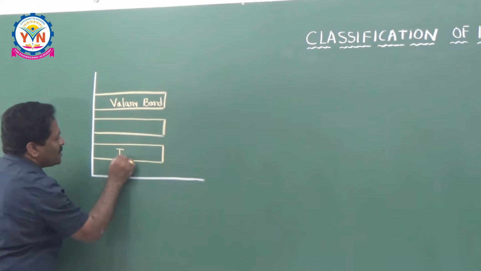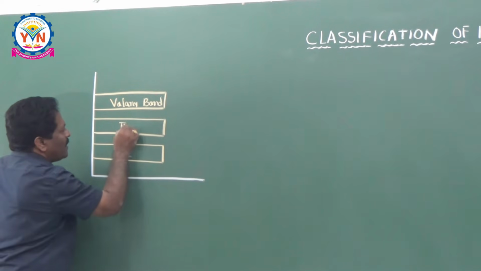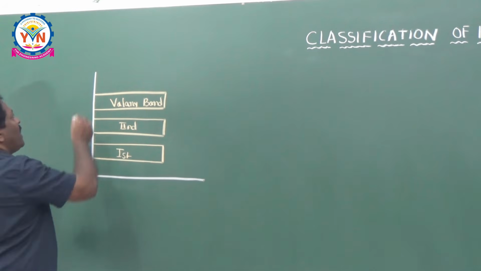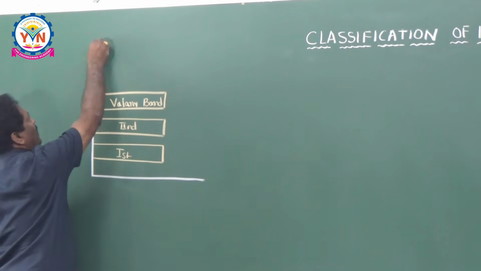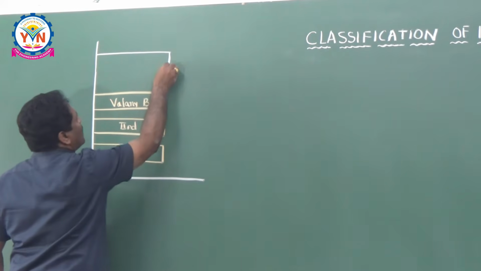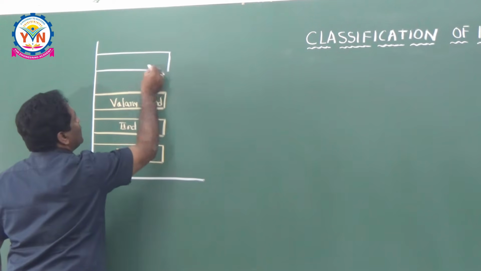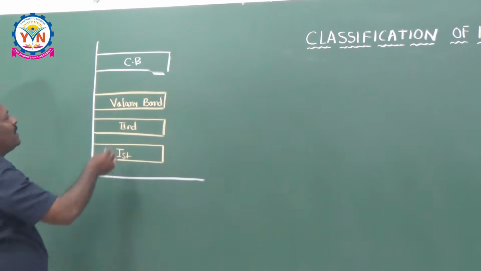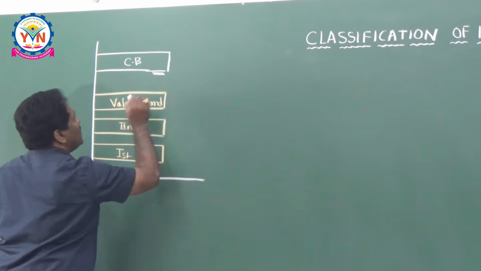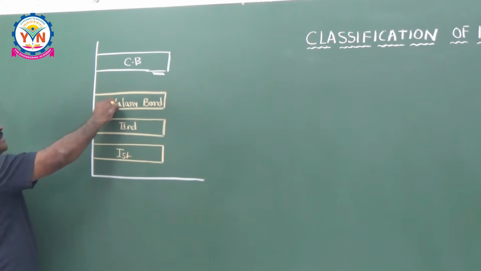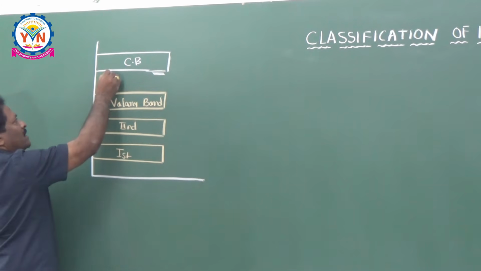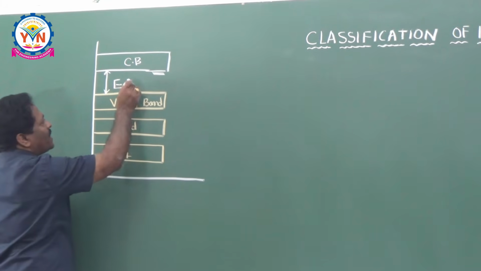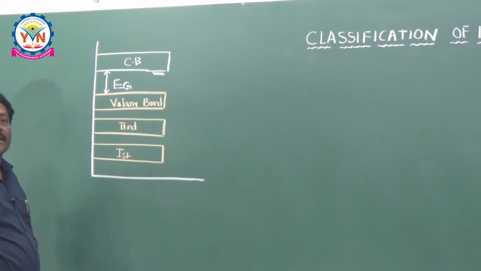I told you there is a band which is at a higher energy level, which is called the conduction band. This is CB, conduction band. There is always an energy gap existing between the valency band and conduction band, and this is called EG. And this EG will be measured in terms of electron volts.